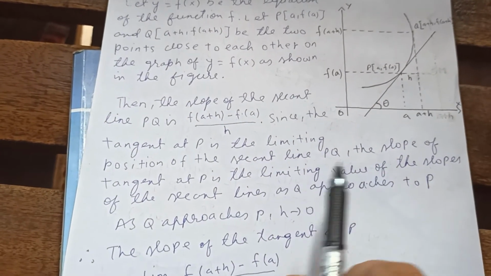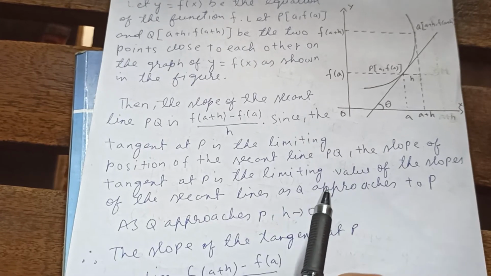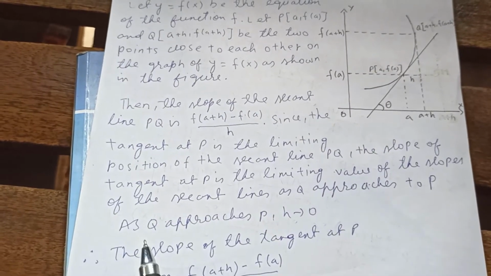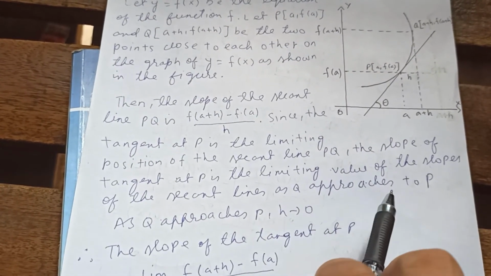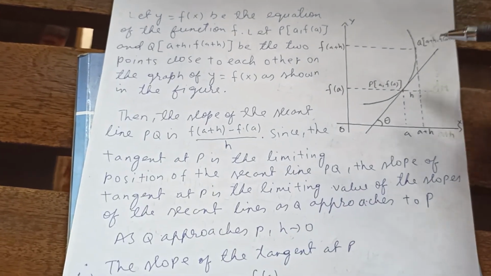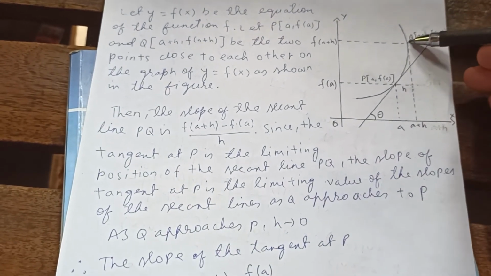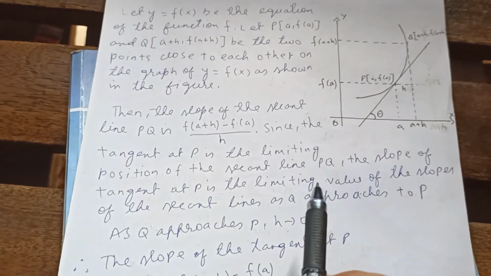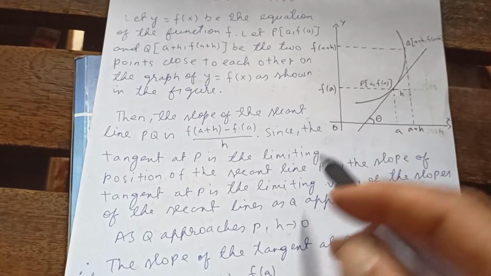So the slope of a tangent at P is the limiting value of the slope of the secant line as Q approaches P. Now if you take the limit as Q approaches this P, then this is what we call the limiting value.